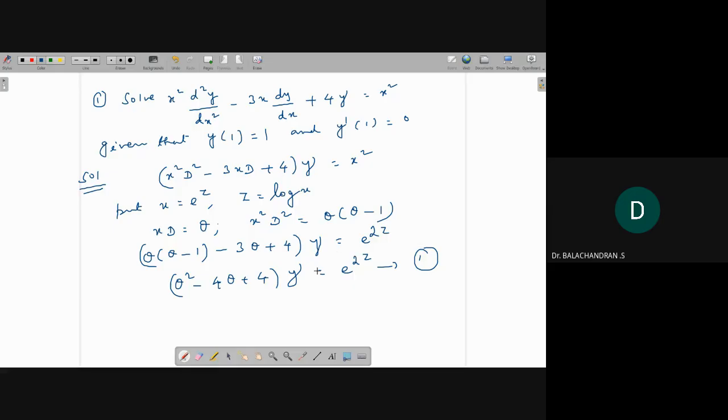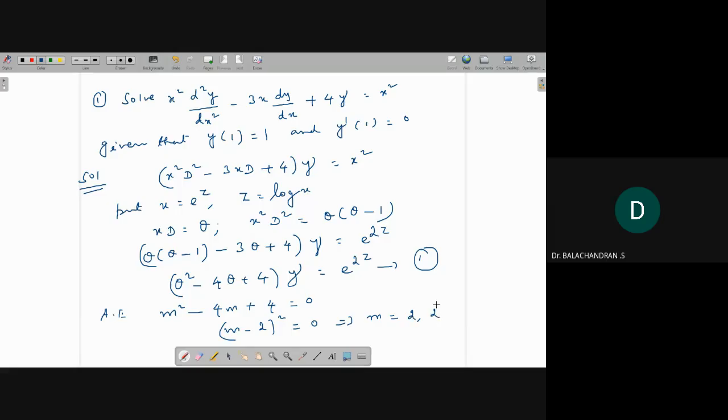The auxiliary equation is m square minus 4m plus 4 equal to 0, or m minus 2 whole square equal to 0. This implies m equal to 2, 2.